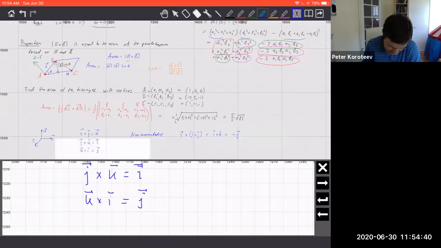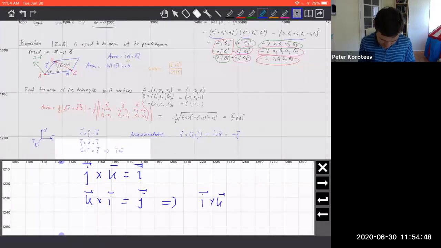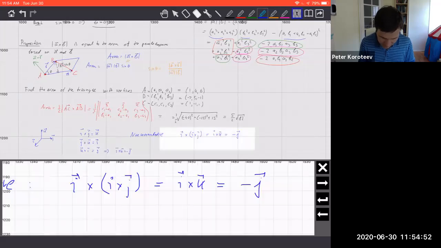Because K cross I equals J. So we discussed it: if you flip the order of terms, I cross K will be minus J.